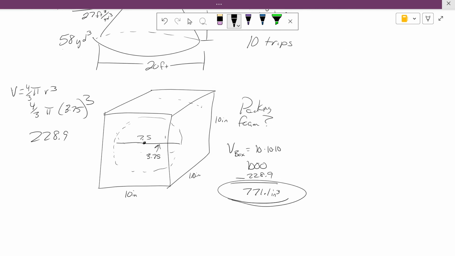What? You said 220, no 8. Oh, 220.9. I thought you said 228.9. So then it's going to be 779.1 cubic inches of packing foam. Okay?